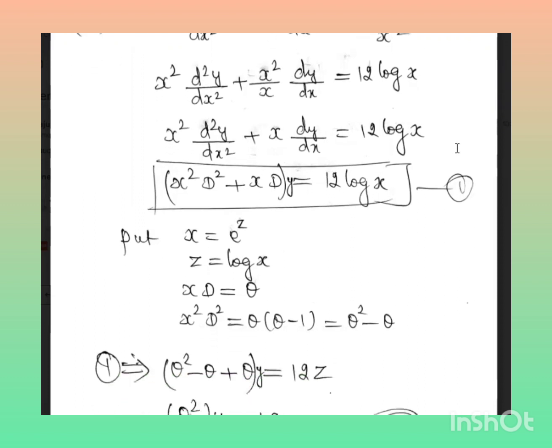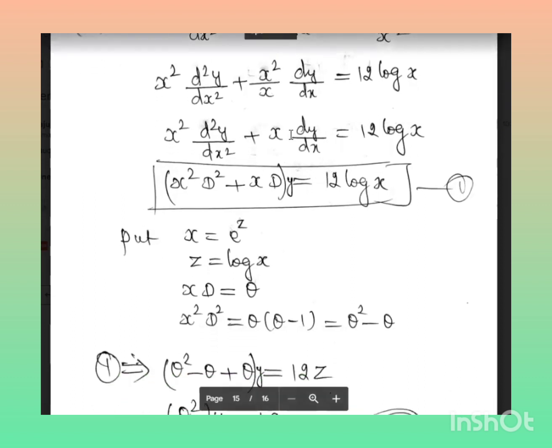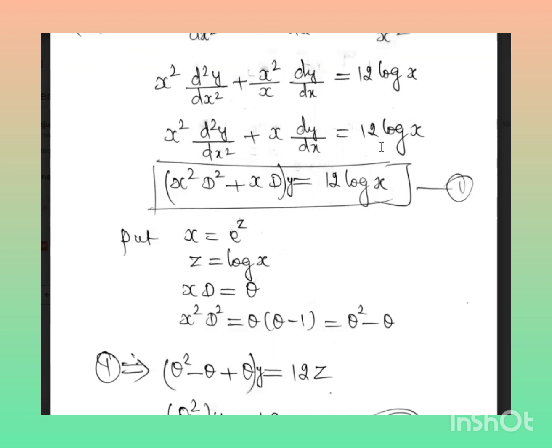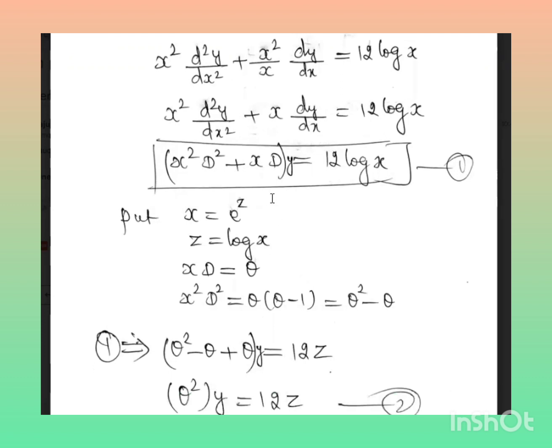So x square divided by x will be cancelled, remaining x. So x square D square plus xD into y is equal to 12 log x.